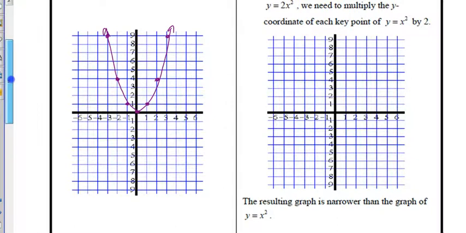Next, we sketch the graph of y equals 2x squared. The order actually matters. The order in which transformations are done matters. It's like getting up in the morning. It's the first thing you do. You get up in the morning, first thing you do is just stretch. Watch your dog get up in the morning. Your dog is going to stretch.